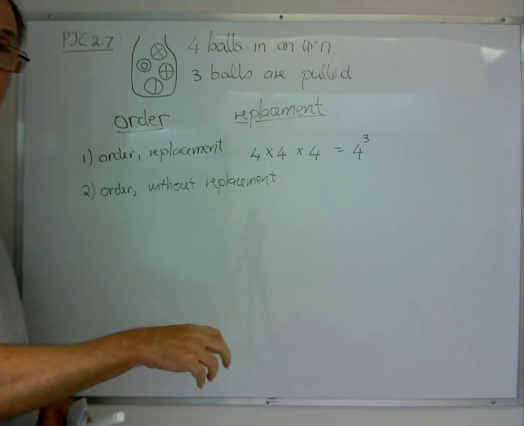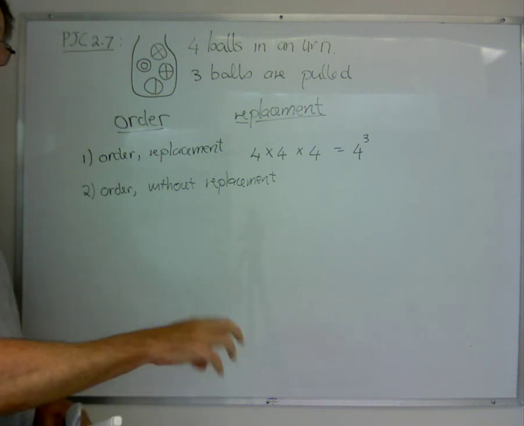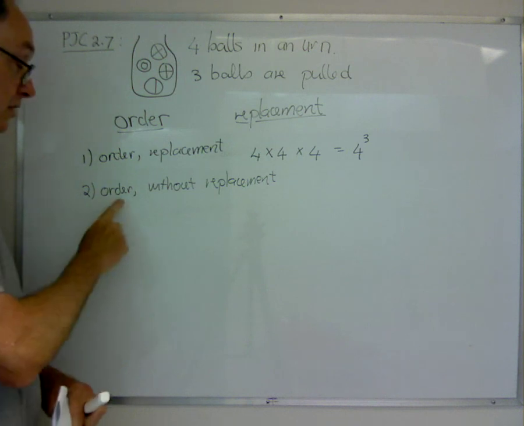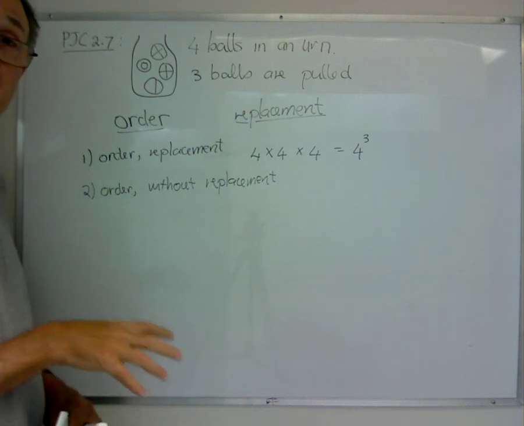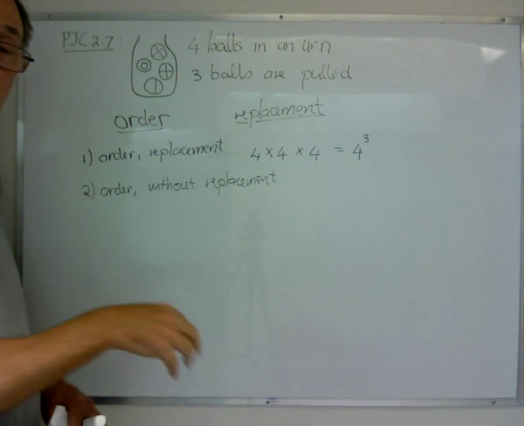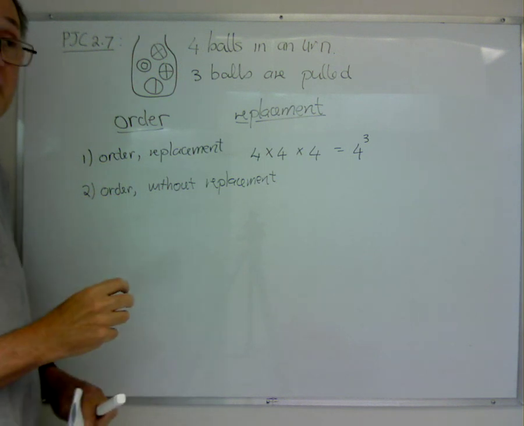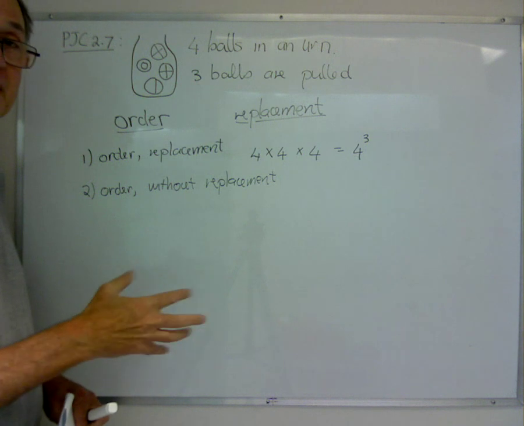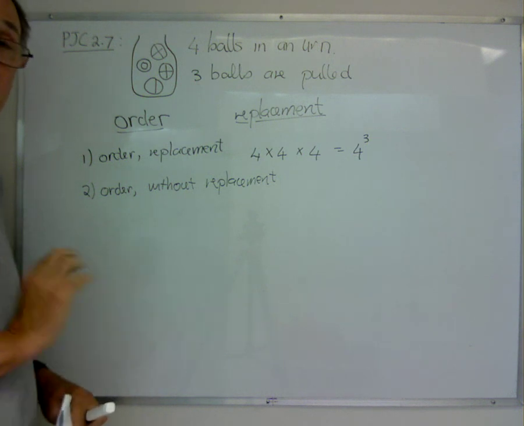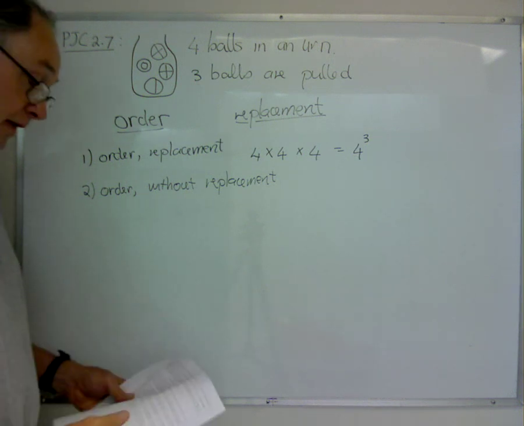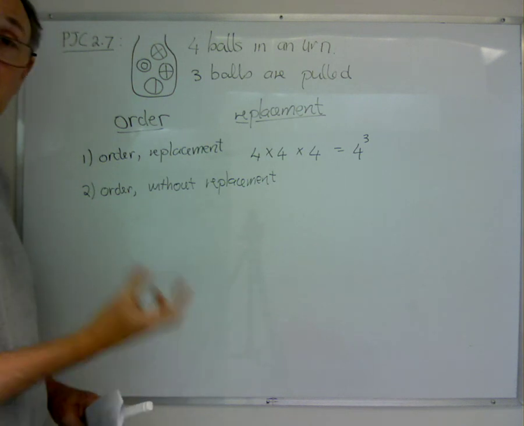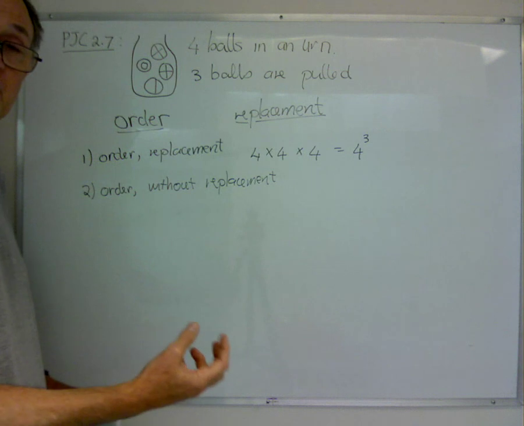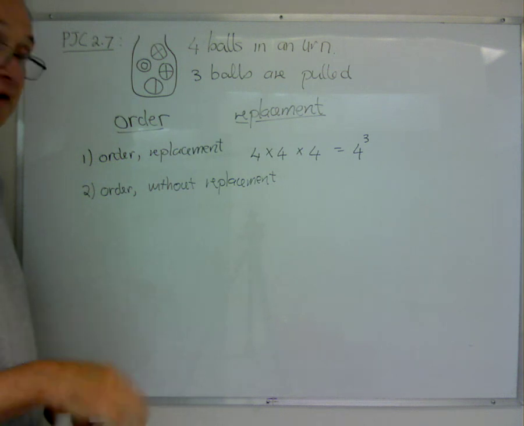You put it, perhaps, from left to right as the first ball you've pulled, because you're going to order them. Then you pull out the second ball, but now there are only 3 colors left, assuming you've pulled out the blue ball first. So there are 3 balls of other colors left, and you pull one of them, and there are 3 choices. And then you pull a third ball, and you have only 2 choices for that one, because after you've pulled balls 1 and 2, there are only 2 balls left.